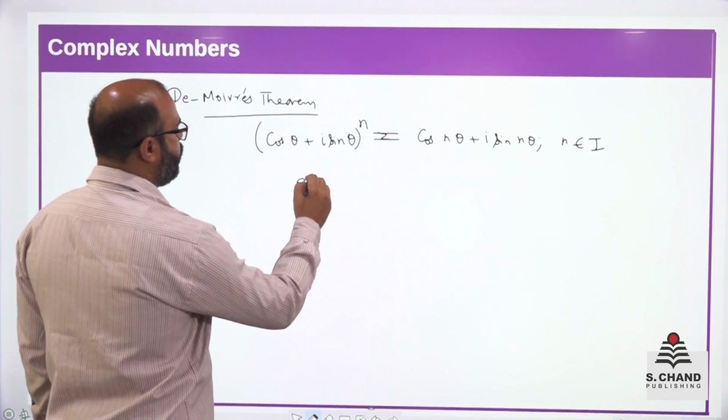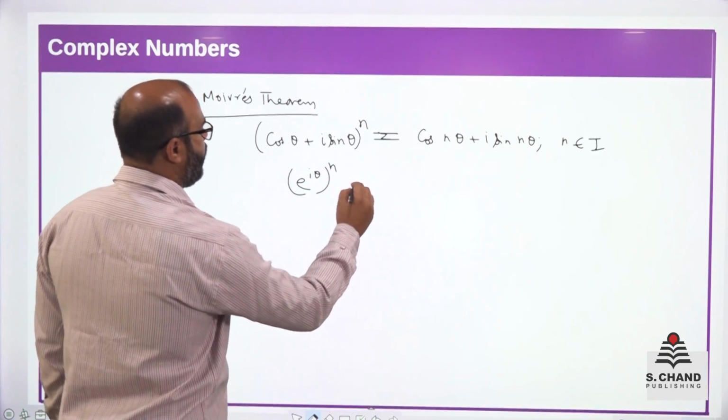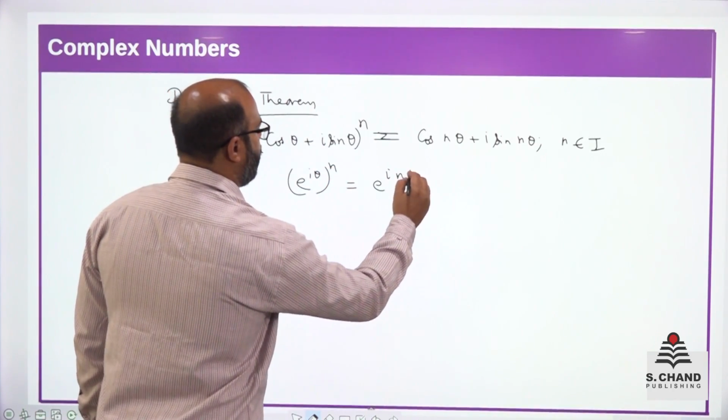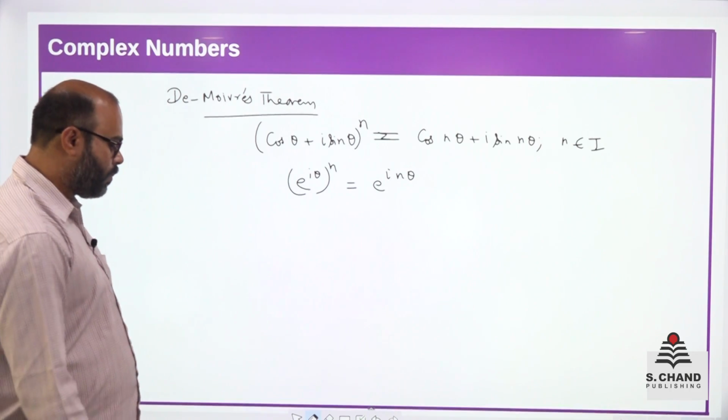Also you can say e to the power i theta, whole to the power n is equal to e to the power i n theta in Euler form.